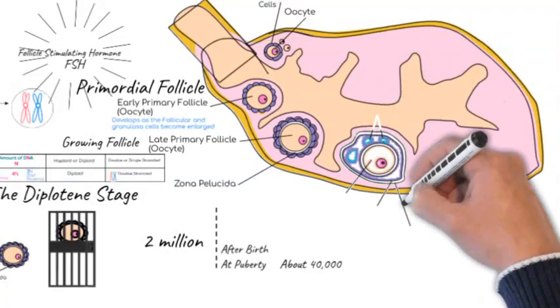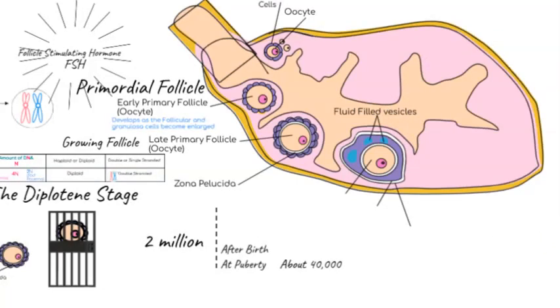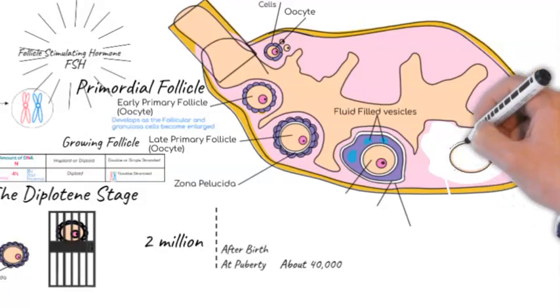All right, so let me explain. We have the primary oocyte here, the zona pellucida around it, and then all the follicular cells outside of that.